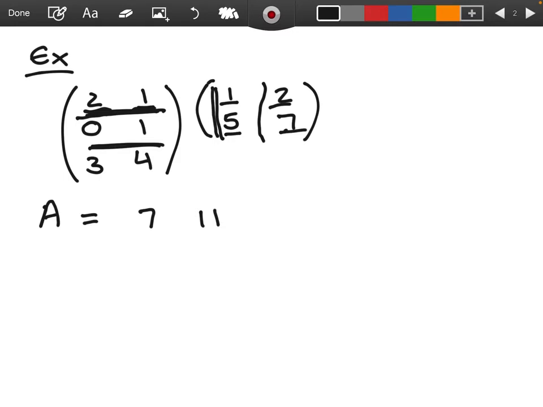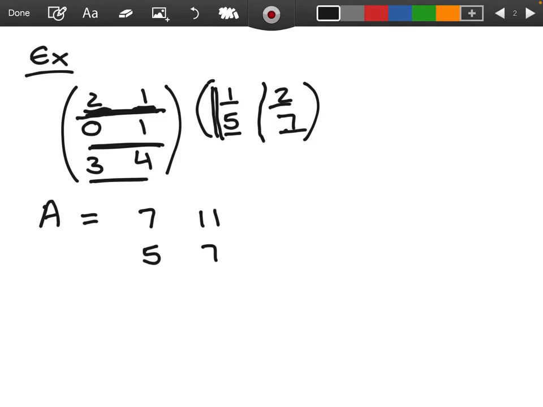I'm going to do the same thing again. I'm going to do this row, dot product with this column. That should give me my A21 entry because I'm taking the dot product of my second row of my first matrix and my first column of my second matrix. So I'm going to have 0 times 1, 0 plus 1 times 5. My A21 entry is 5. And then I do row dotted with column, which should give me 0 plus 7 is 7.